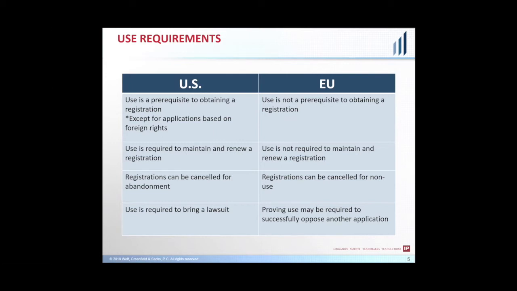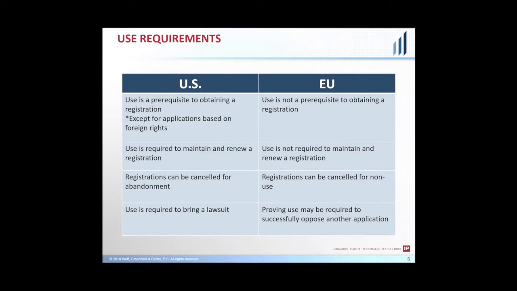And in the EU, the opposite is really true. So you have a system where use is not required to obtain a registration, and similarly, use is not required to maintain and renew a registration. And it's important to note that the EU IPO will never ask that you prove that you're using the mark. However, there are circumstances where third parties can require you to show that you're using the mark.